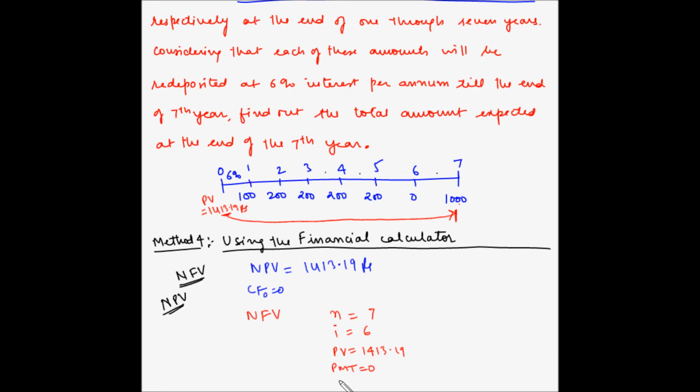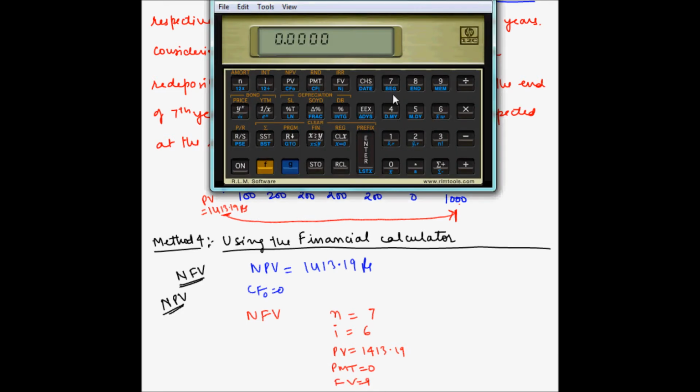And then we have to find out the future value. So 7 is N, 6 is I, 1413.19 is PV, 0 is payment, and now we have to find out the future value.